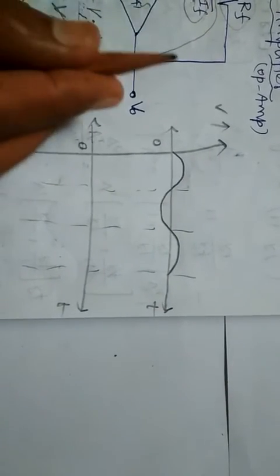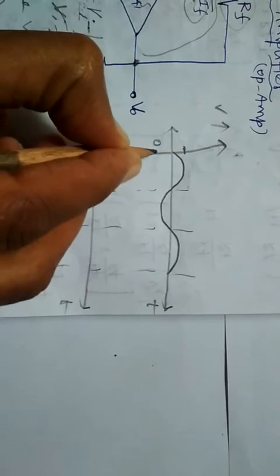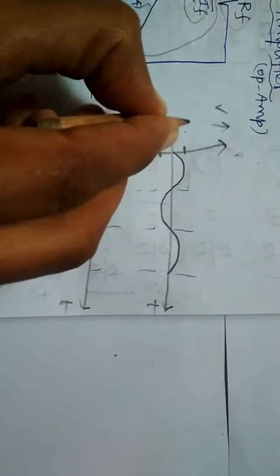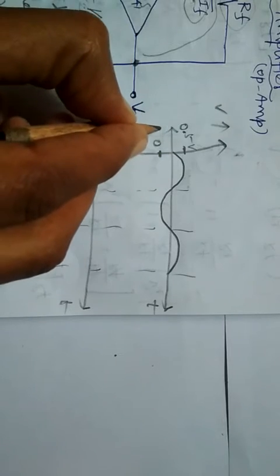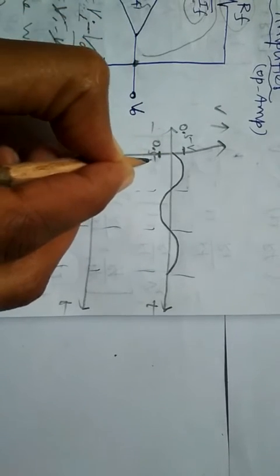Here the input potential is 1 volt, so with respect to 0, plus 0.5 volt above the 0 line and minus 0.5 volt below the 0 line.